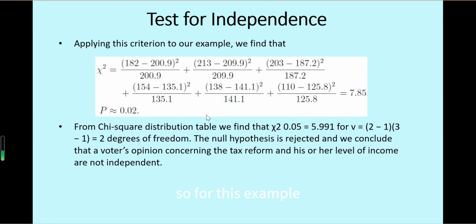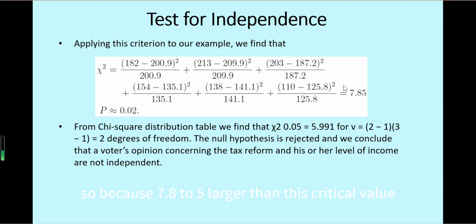So for this example, we can calculate the test statistic chi-square equals 7.85. And from the chi-square distribution table, we can get chi-square 0.05 equals 5.9915 for 2 degrees of freedom, because there are 2 rows and 3 columns in this table.